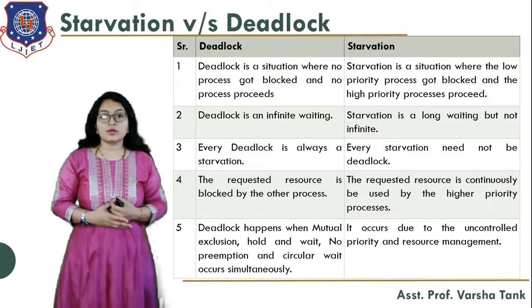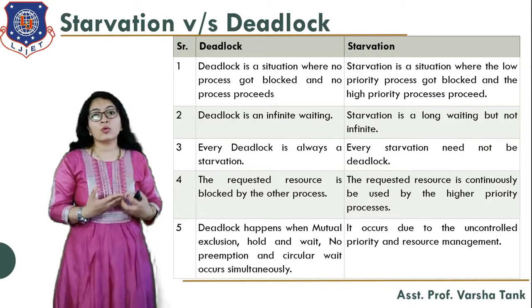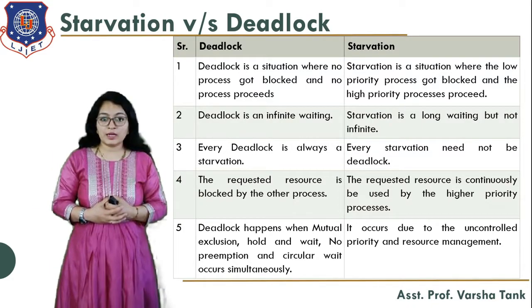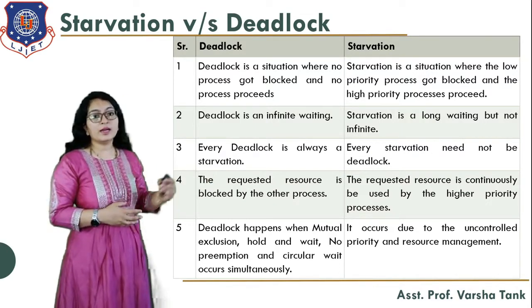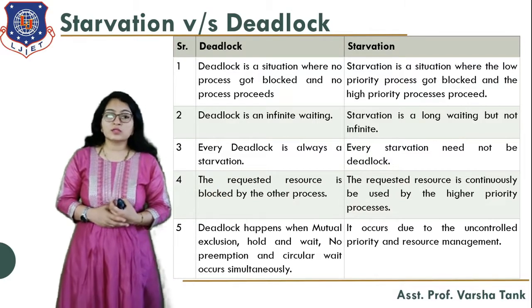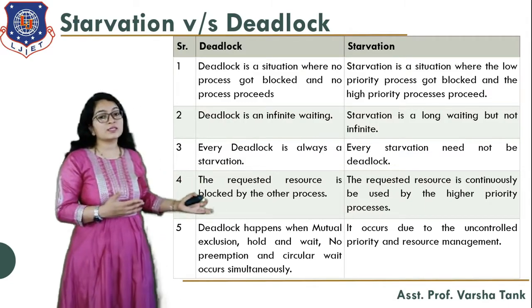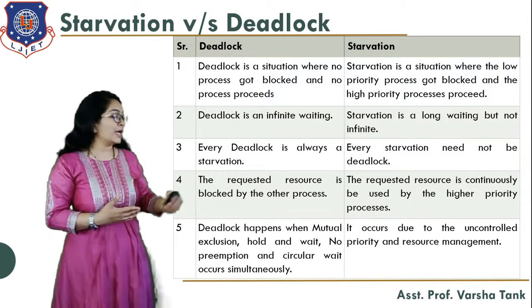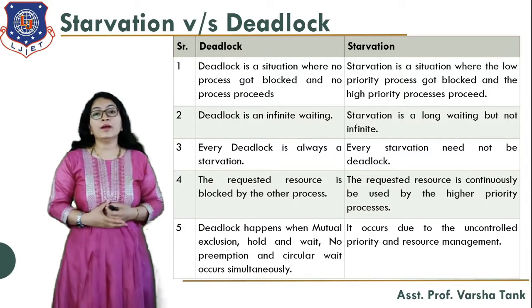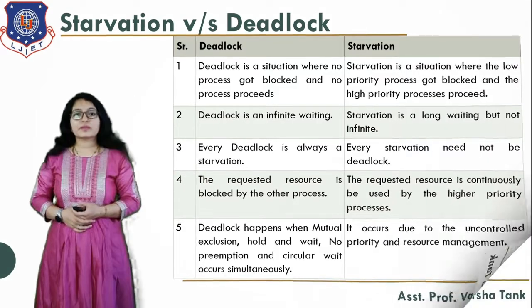Next, deadlock happens when mutual exclusion, hold and wait, no preemption and circular wait occur simultaneously, whereas starvation occurs due to uncontrolled priority and resource management. These are the four conditions necessary for deadlock to happen, which we will see in detail in the next lecture. So you will have a better idea of when the deadlock occurs when these four conditions are present.